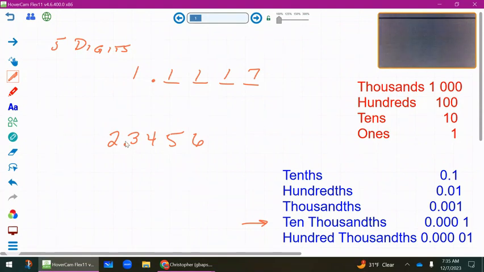Either way, it's going to be a number between 1 and 9 something, and it's going to go 4 places beyond the decimal. So you could start either way. You could start with putting it in the right place like we did at the top, or you could start by writing the digits and then figuring it out. Questions? No. Okay.